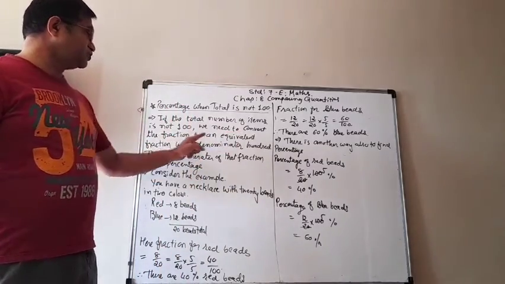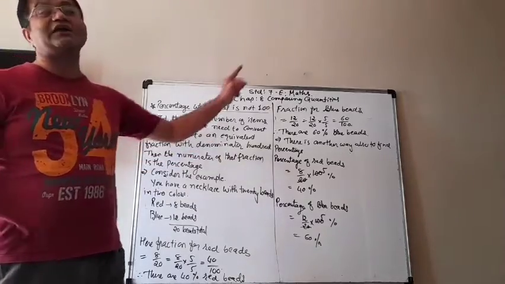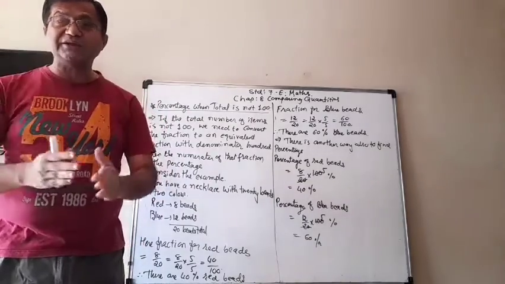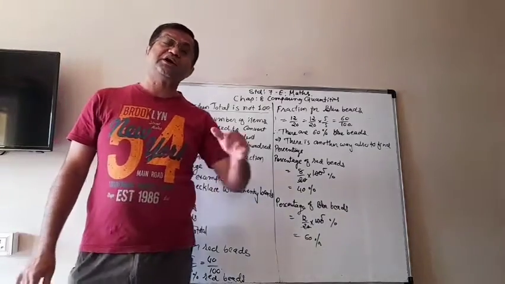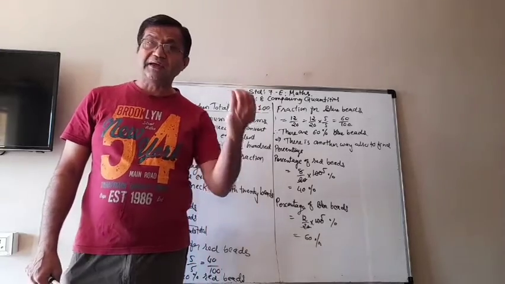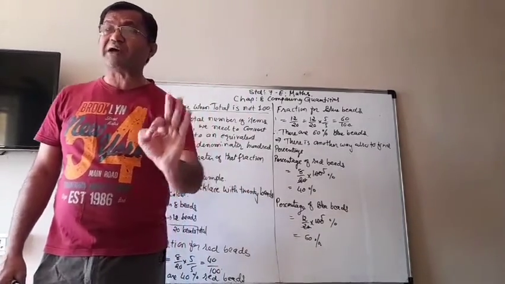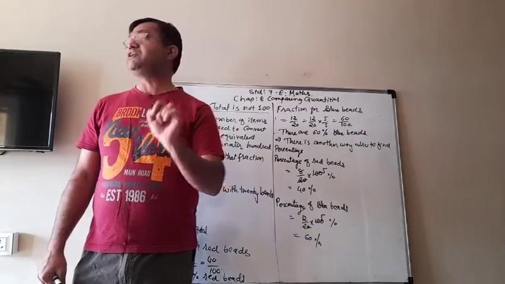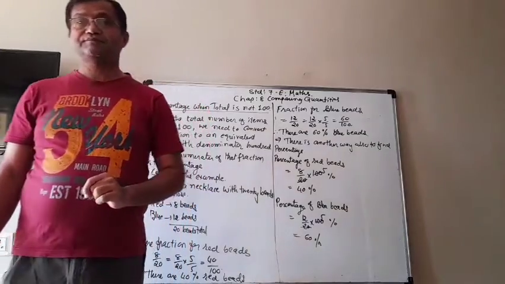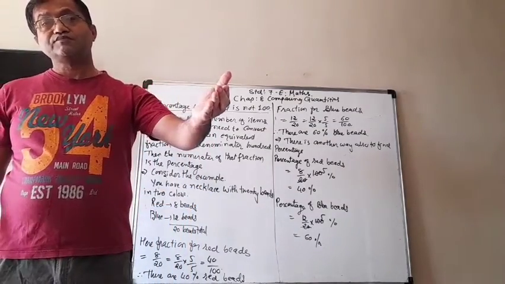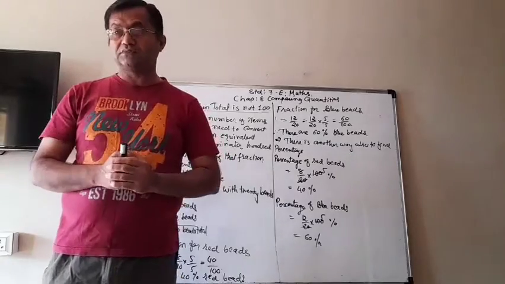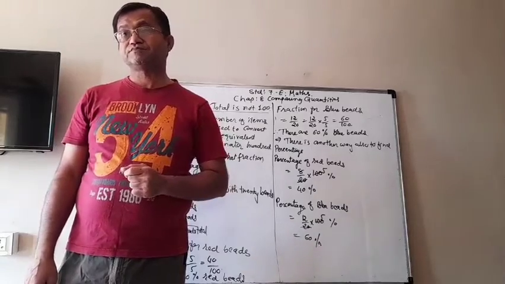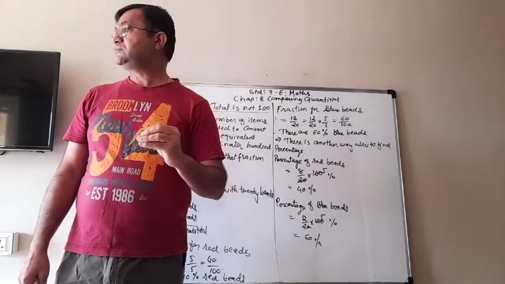So whatever fraction you get, it must be converted by finding its equivalent fraction with denominator 100, and then the numerator of that fraction will be your percentage. Let us understand with an example.